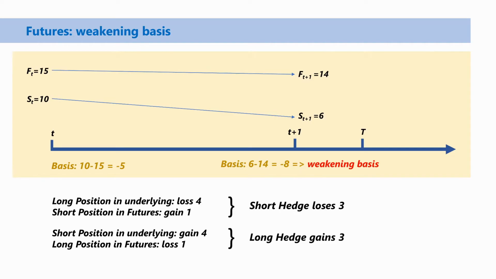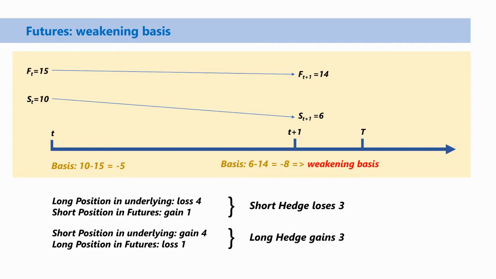It is what we call contango, if the futures prices are higher than the spot prices. The basis is 10 minus 15, which is negative 5 at time t, which means for a trader who is long in the underlying, he is not so happy about the decline in the spot prices because he loses 4.